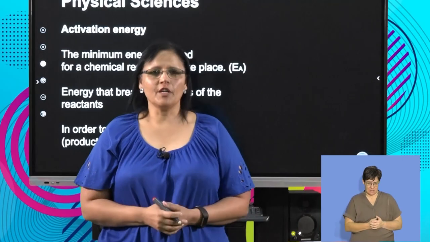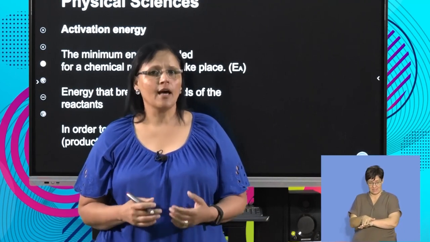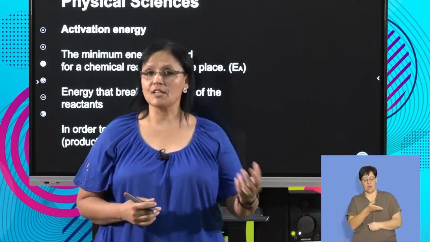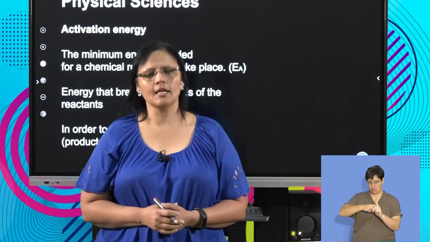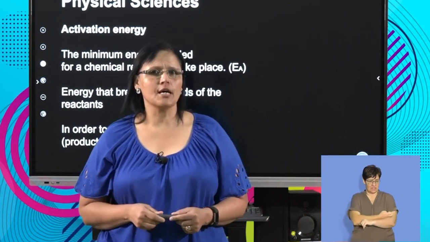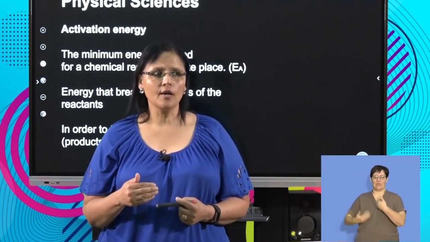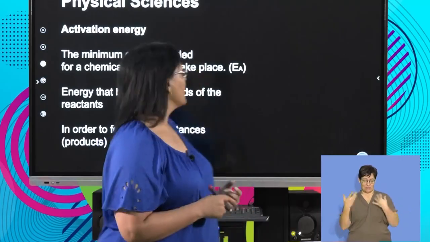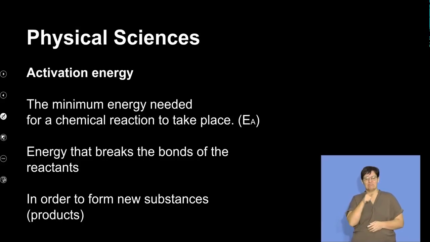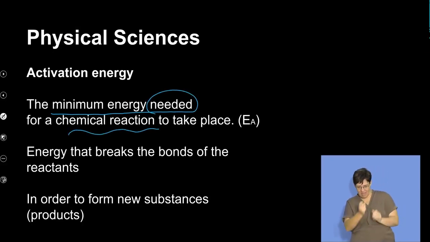For every reaction, there is a specific activation energy at a specific temperature. The definition of activation energy is one of the terms we need to understand in order to go on with rates of reaction. Activation energy is the minimum energy that is needed for this reaction to take place.